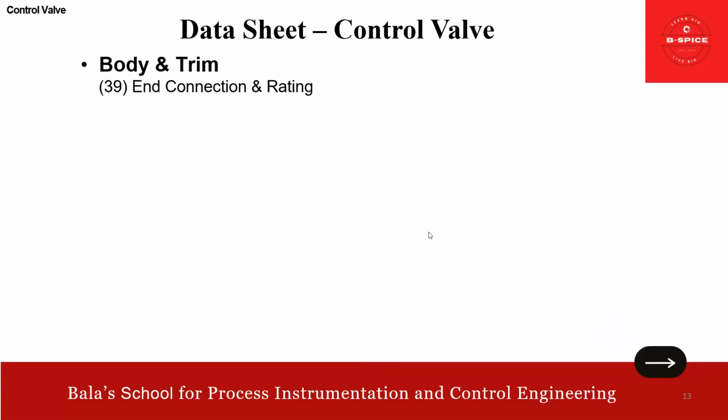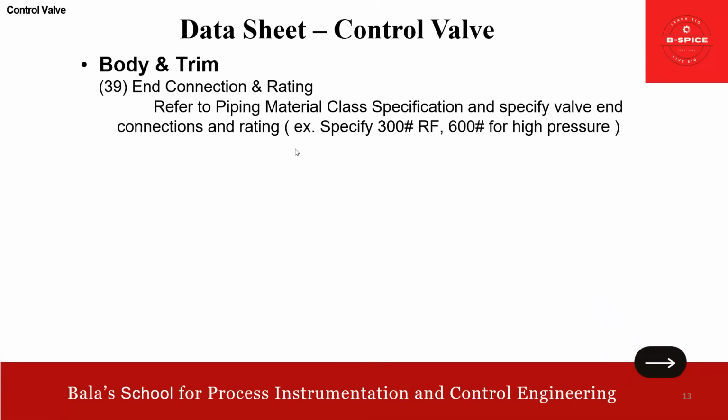Then we go to the body and trim, same as end connection and rating. Here one challenge is also there. What is the challenge? We need to again refer to the piping material class for this end connection and rating. In some refineries, we always go for 300 pounds RF flange for typical control valves.